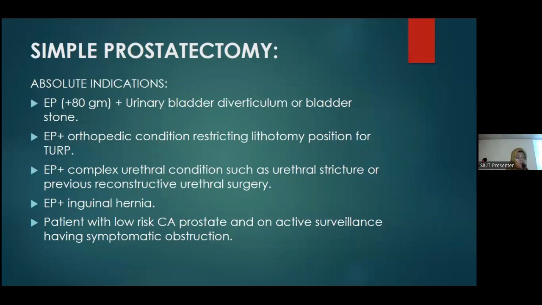Some of the indications for simple prostatectomy, the absolute ones, are an enlarged prostate measuring more than 80 grams with a urinary bladder diverticulum or bladder stone. The other is an enlarged prostate along with orthopedic conditions such as femoral fractures or osteitis fibrosa, which hamper the lithotomy position.